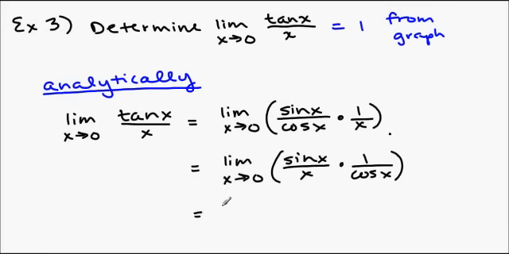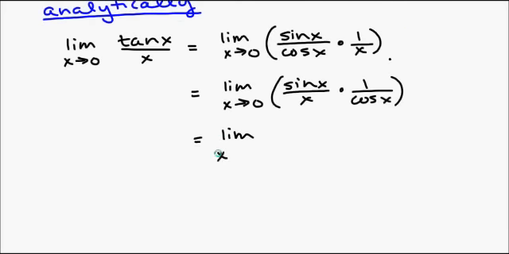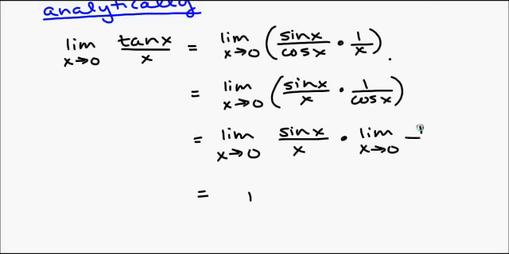That is a very commonly used limit that you should be familiar with. So this one is equal to 1 times, and I'm breaking this up using the product rule, so times the limit of this.